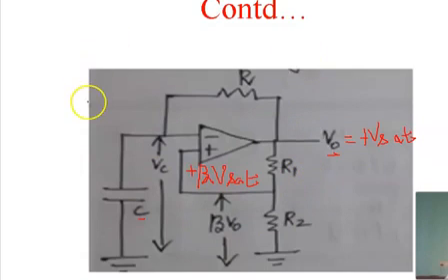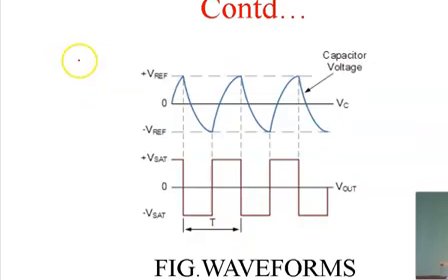Now let us see the same concept using the waveform. This is the square wave that gets generated using the astable multivibrator. As I said initially, the output voltage V0 is equal to V saturation.